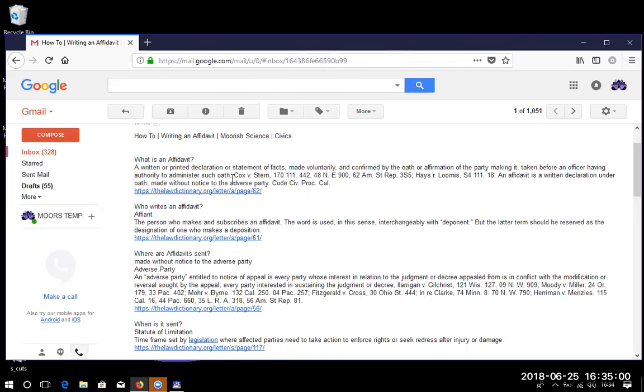It is a written or printed statement of facts, all right, made voluntarily and confirmed by the oath or affirmation of the party making it, taken before an officer having authority to administer such oath. All right, so let's talk about or define who this officer having authority to administer such oath may be. Officers of the court, even an officer of the public. All right, public officer.